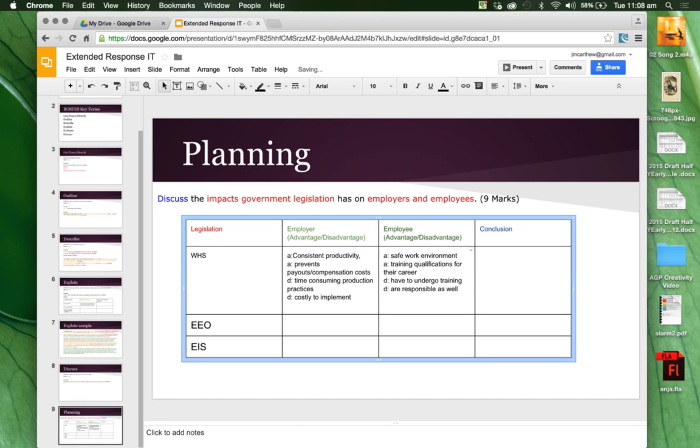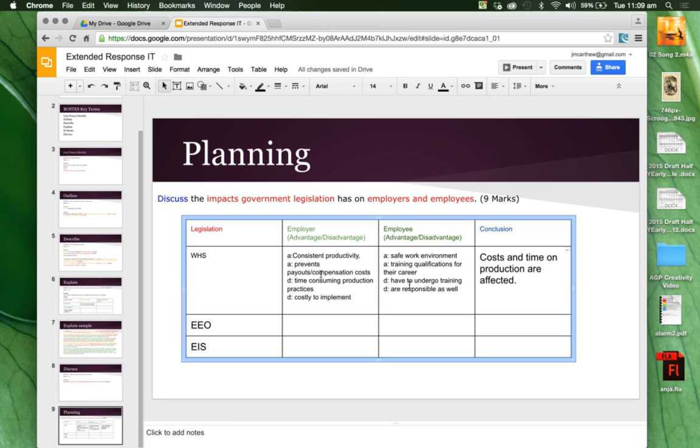They're responsible as well. They're not allowed to breach WHS guidelines, as much as an employer is not allowed to breach it. So out of that, you can sum it up if you want to, as a conclusion, just to really push it over the line, where we're talking about the costs and time on production, and you can see how that's going to impact on employers and employees.